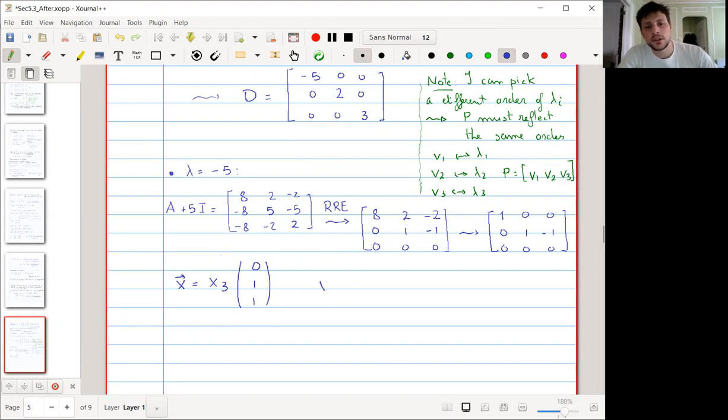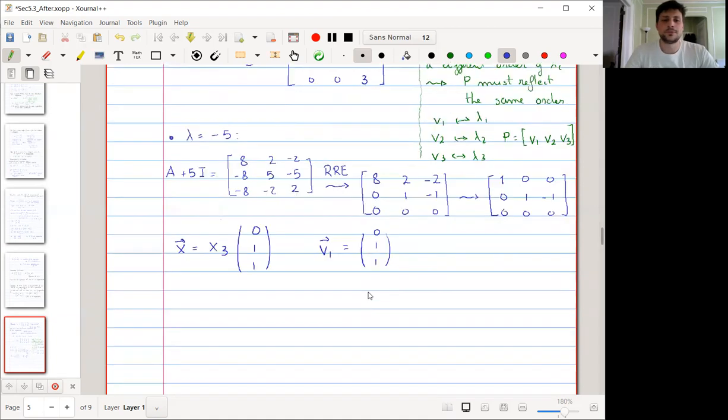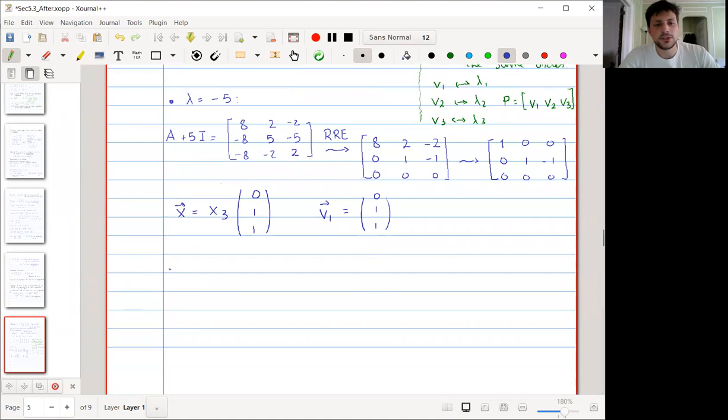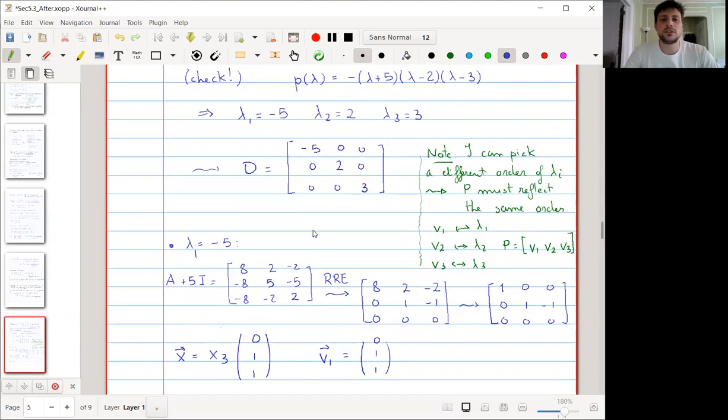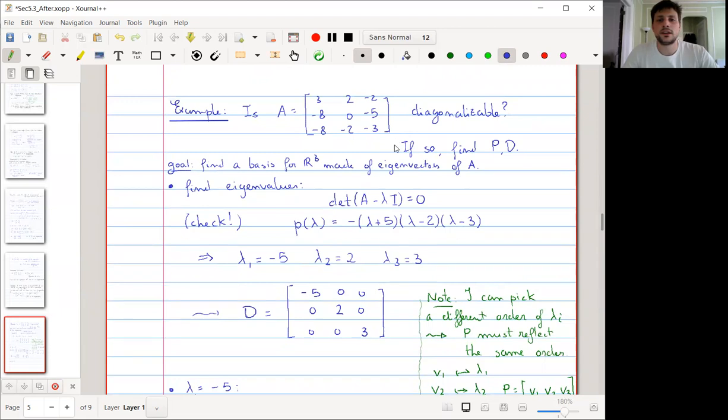In other words, v1 corresponding to lambda 1, which is minus 5, is the eigenvector 0, 0, 1. Now I picked lambda 2 to be equal to 2. So let's compute the same thing with the eigenvalue 2.